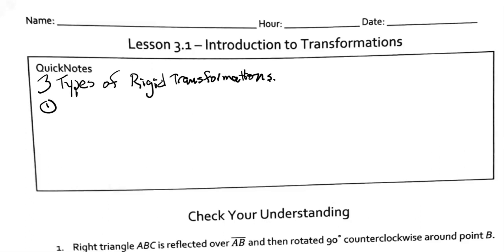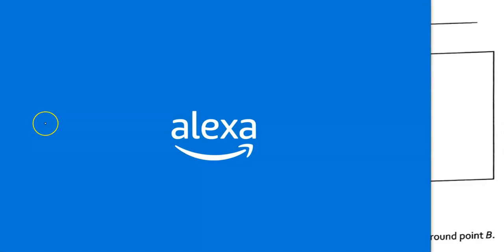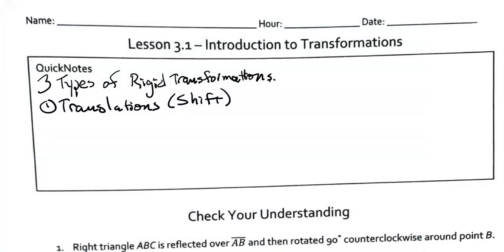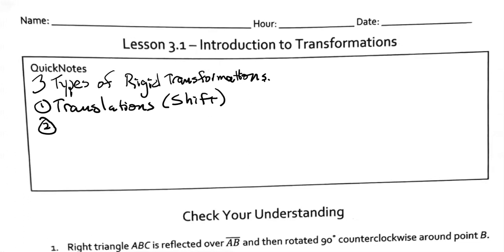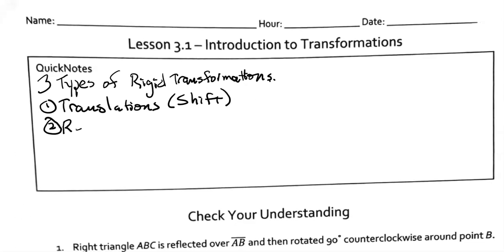Okay, number one, we have translations. Basically this is just a shift somewhere on the coordinate plane. And number two, we have reflections. And this is basically a flip.